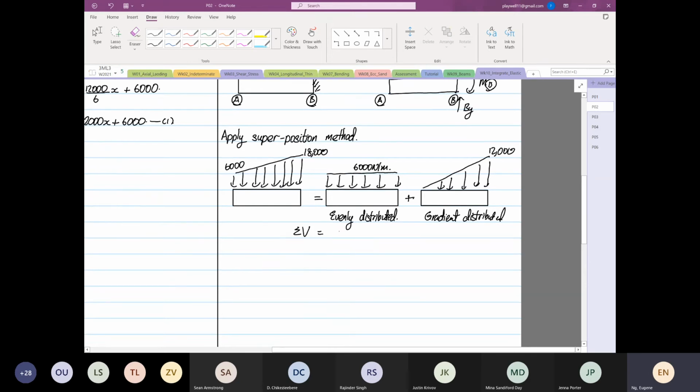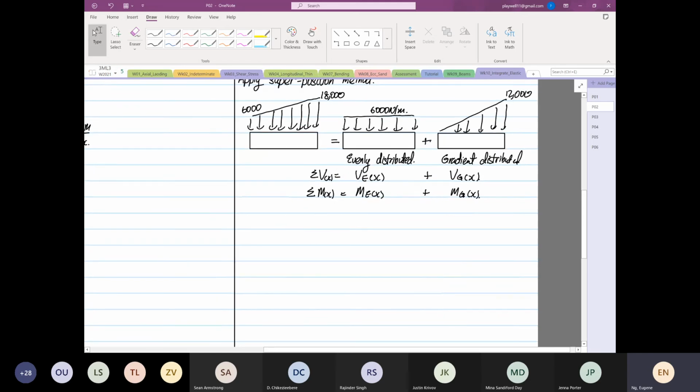The equation is V, I call E for evenly distributed, as a function of x, plus V, and I'll call this G as in gradient distributed, as a function of x. And then the summation of moment as a function of x is equal to moment for E as a function of x plus moment of G as a function of x.